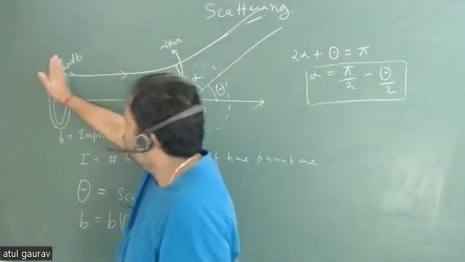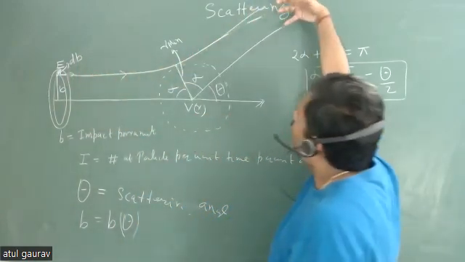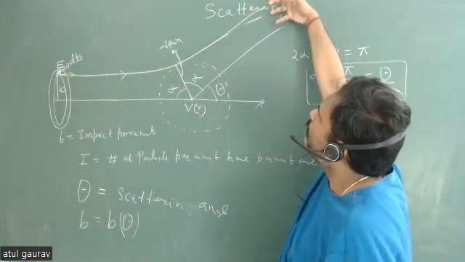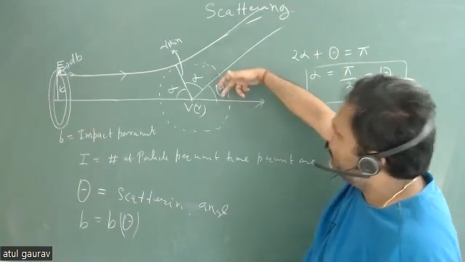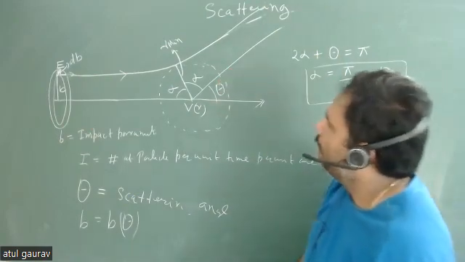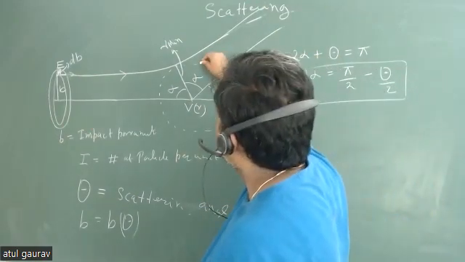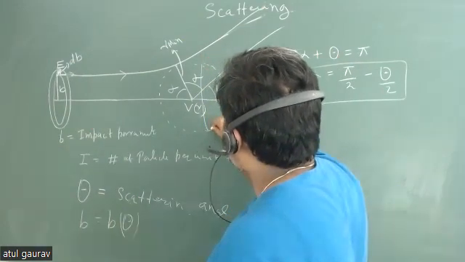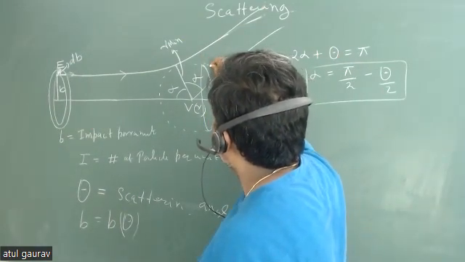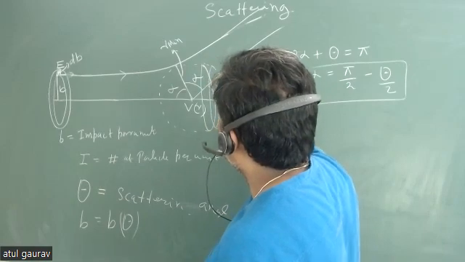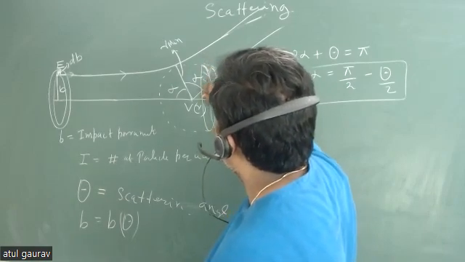So whatever particle is coming from here will be collected by some detector here at the angle theta. And here we can measure all this with a solid angle.